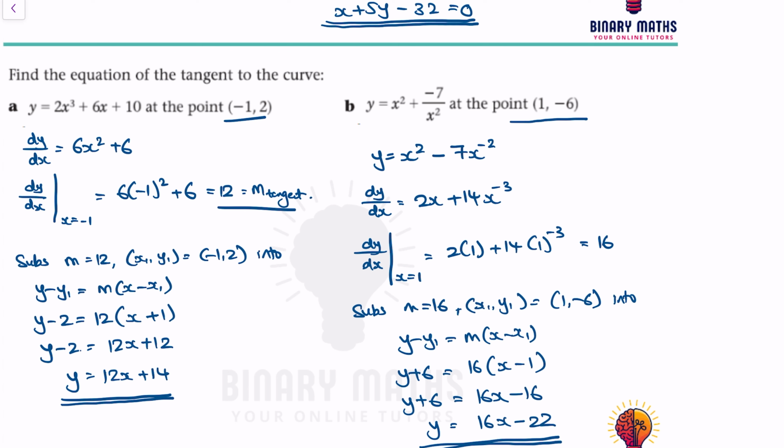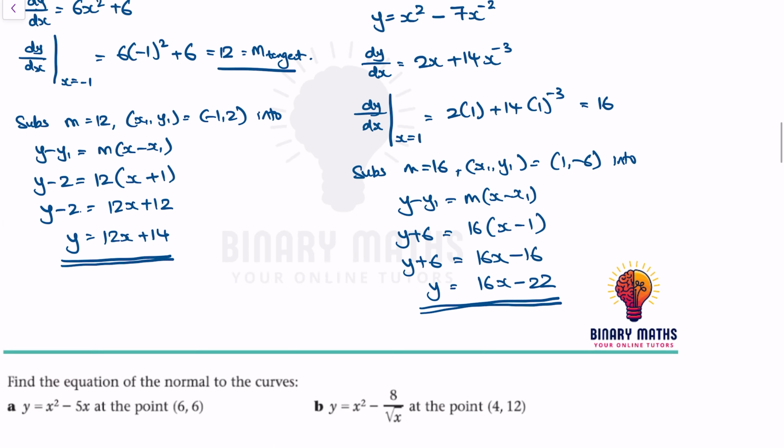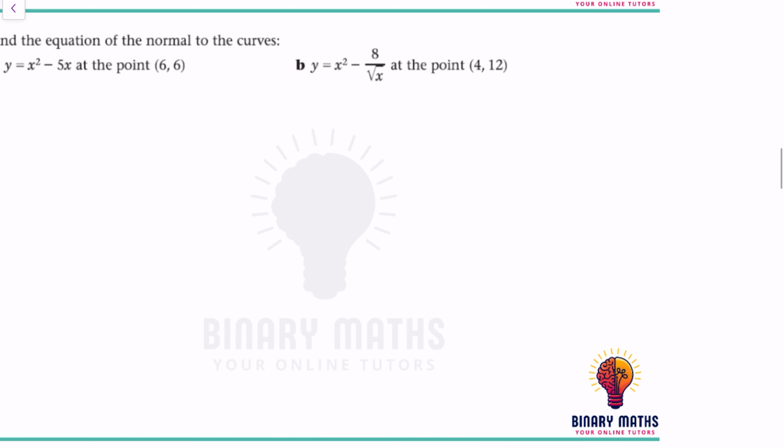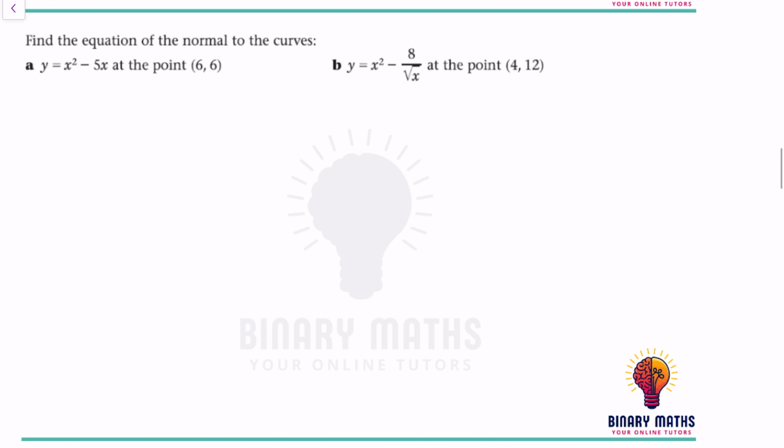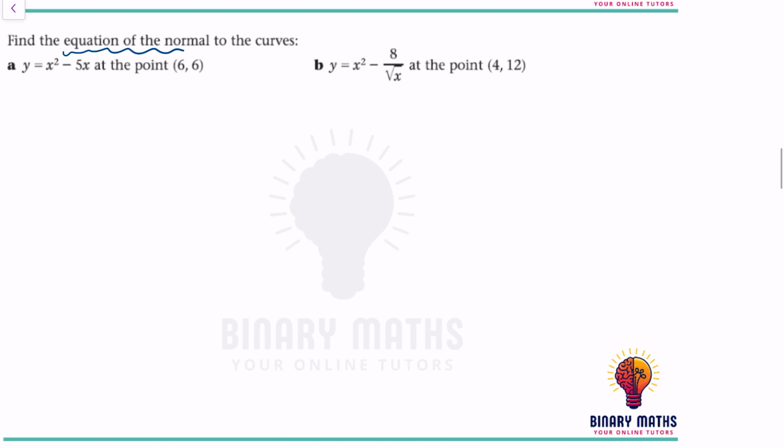So these were all equations of the tangent questions. Let's go through some equation of the normal to the curve. So now we're looking at this one. Again, before we can find the gradient of the normal, we need to find the gradient of the tangent. So dy dx is equal to 2x minus 5 when we differentiate with respect to x.